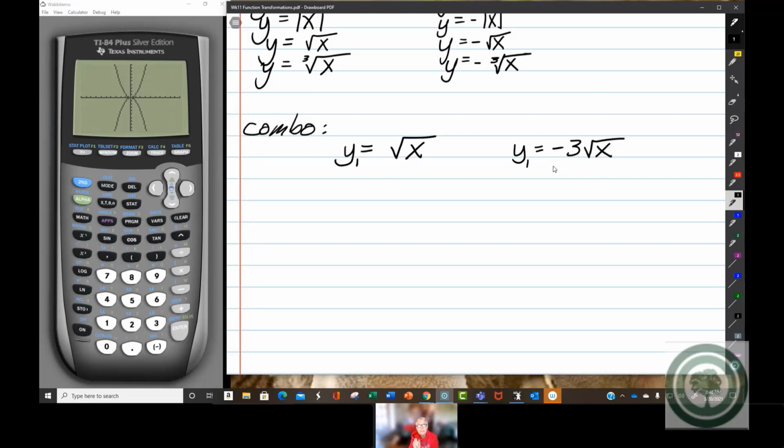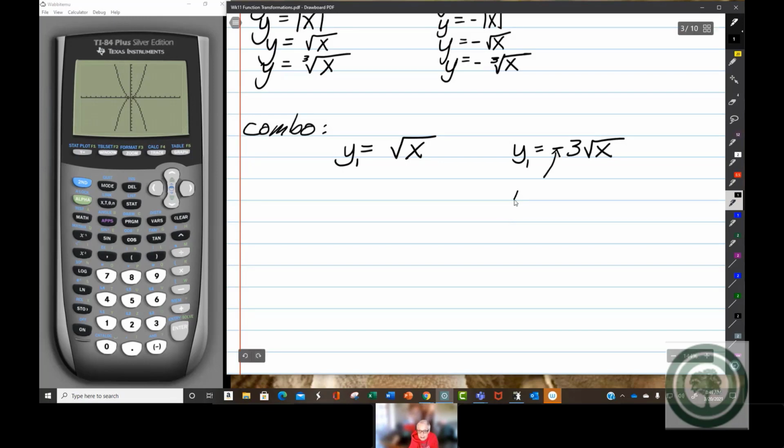So this is a very big deal, and you will encounter it on the test and on the final. That negative sign in front is always a reflection across the x-axis. Always. It is not part of the vertical stretch. What you have here is two transformations working on the same function. And you're going to have a lot more.